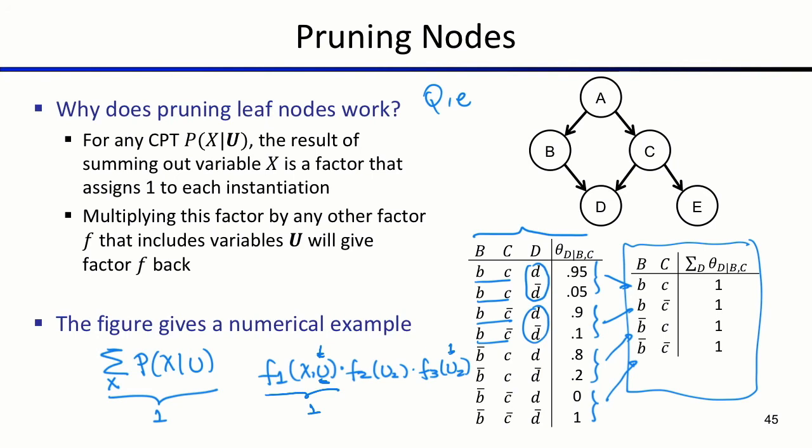During this process, when we eliminate the next variables, we multiply this factor of 1s by the other factors, and the result is equal to the other factor, so we do not change anything. So we can eliminate those leaf nodes without any issues, as long as they are not part of the query or the evidence variables.